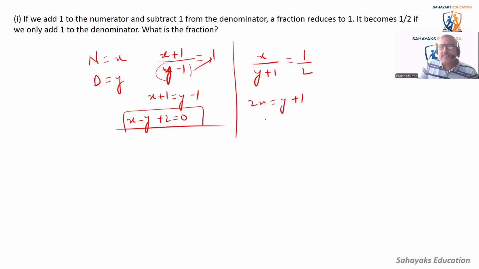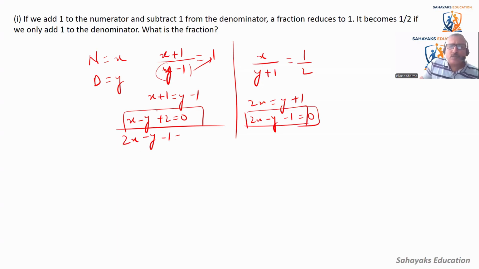Or I can say 2x minus y minus 1 is equal to 0. So this is the second equation. For elimination, I'll write the first one near it, and 2x minus y minus 1 is equal to 0. Okay, now we'll subtract the equations.